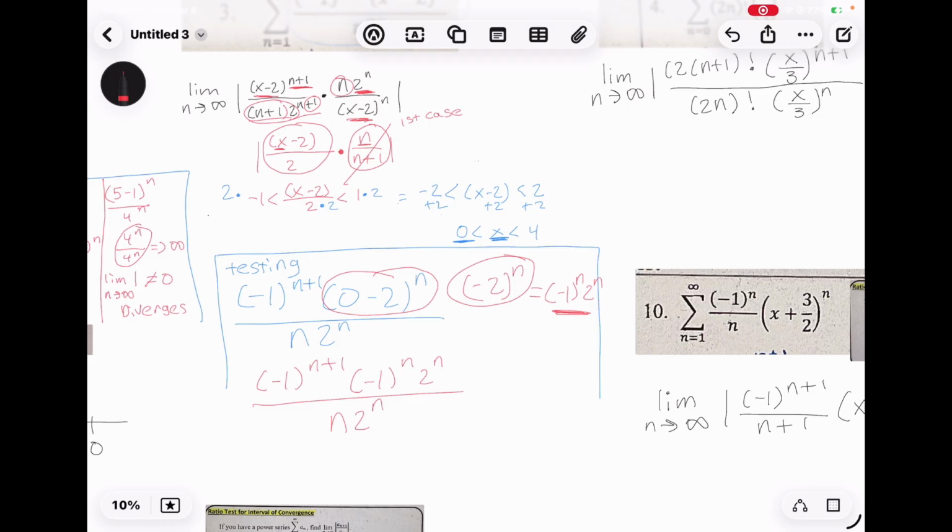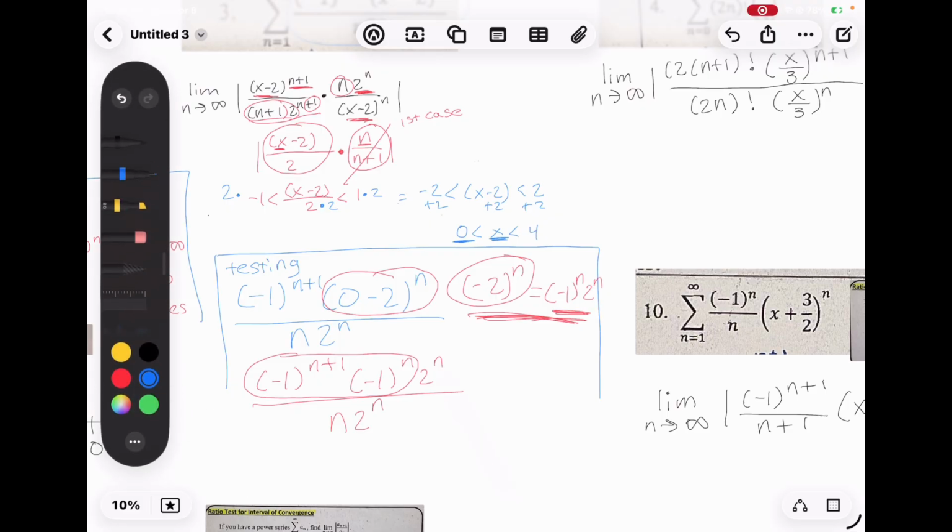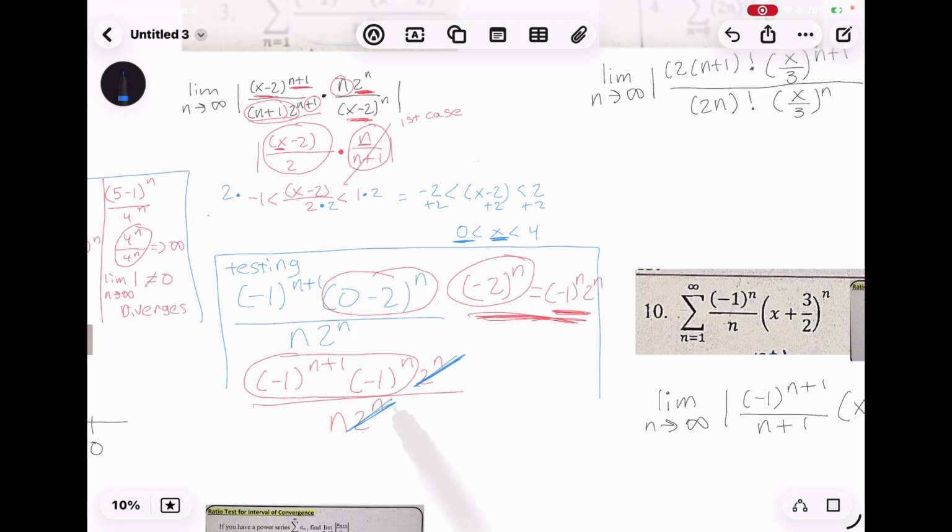Now, if we were to simplify this further, we can combine these two. That's another reason why we wanted to do this part, so we can combine them. And then these two cancel out, right? This 2 to the n and this 2 to the n. So the only thing that's left at the bottom is n.